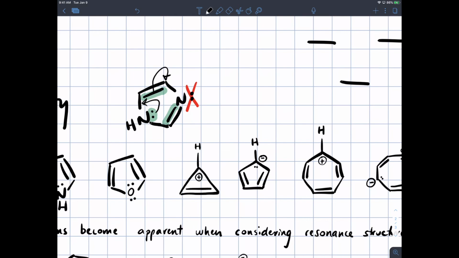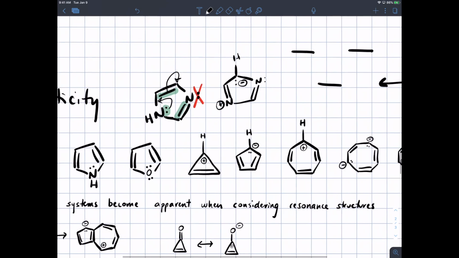No, it would more like a carbanion. A carbene would be where there would be no hydrogen there. Anyway, the resonance structure you're proposing is this one, and that one's fine. Not a major contributor perhaps, but that one's fine.